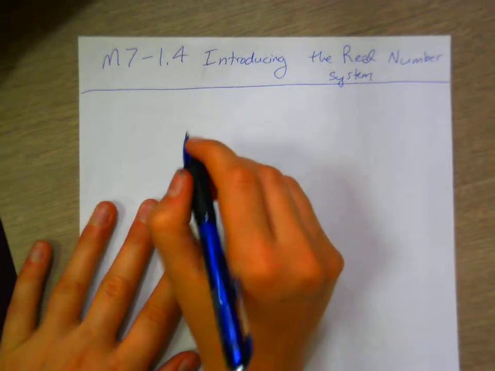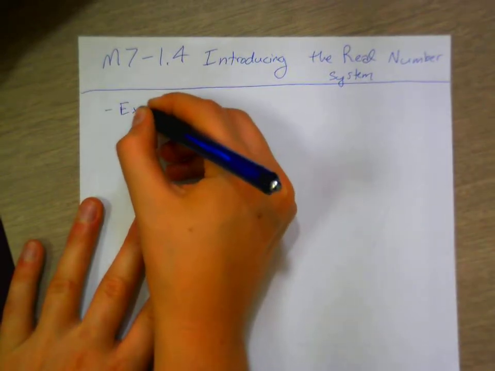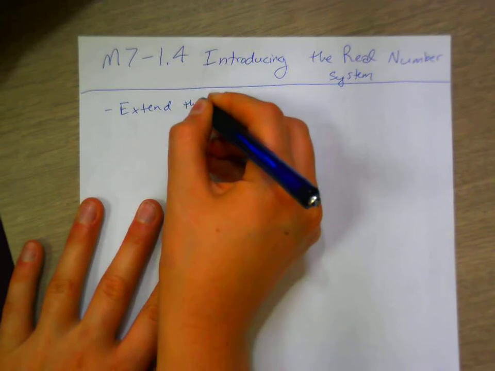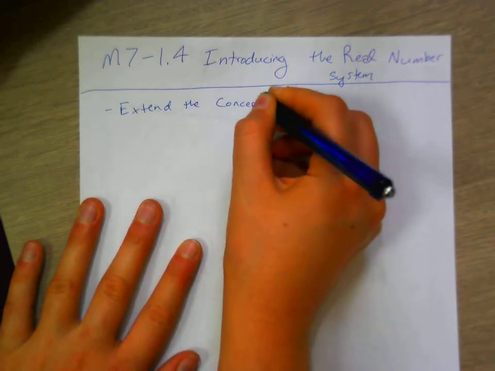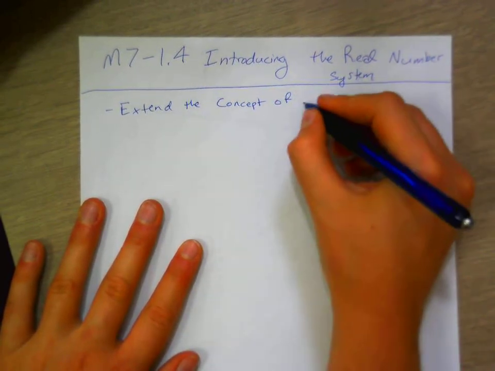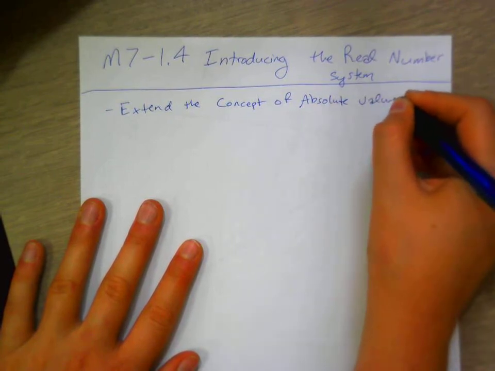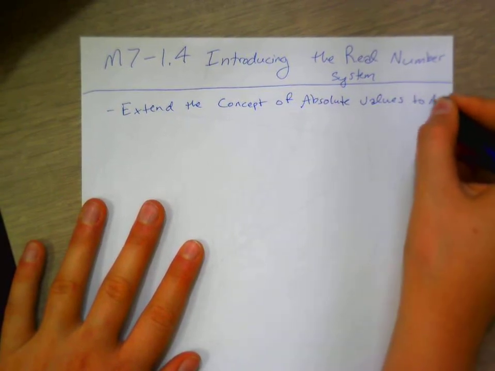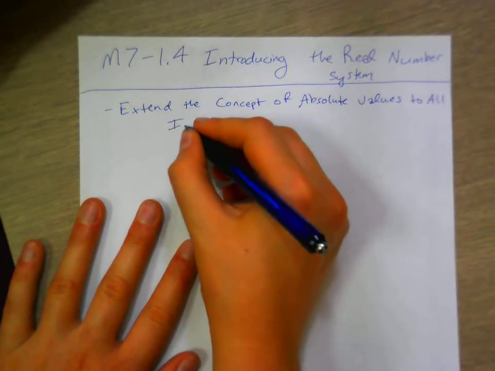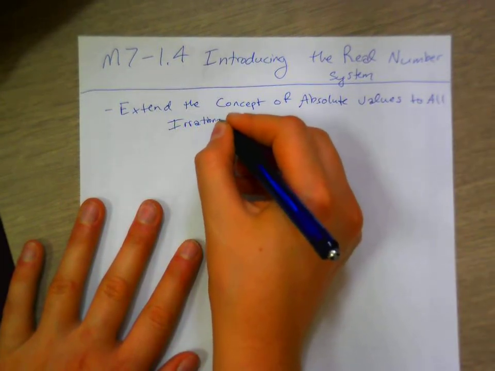Let's start with extending the concept of absolute values to all irrational numbers.